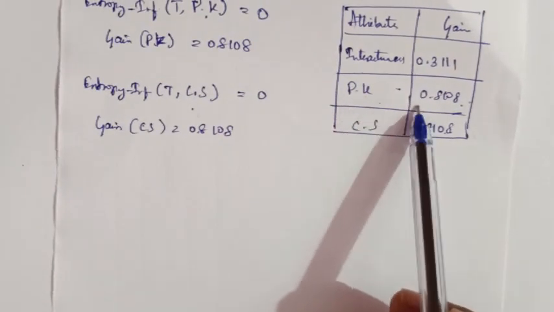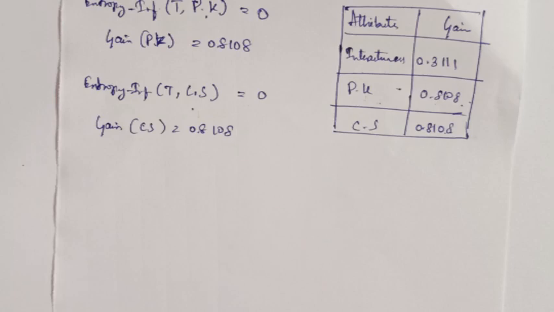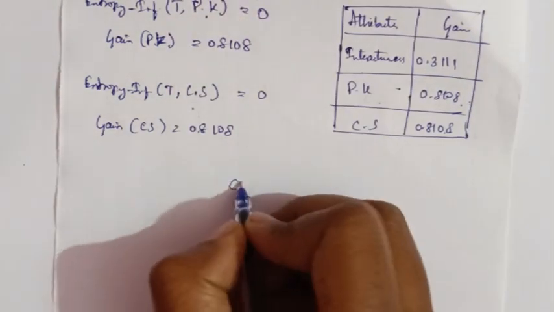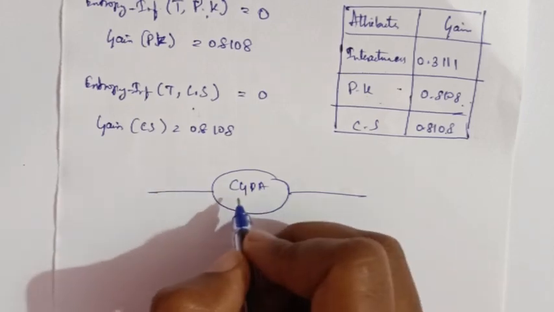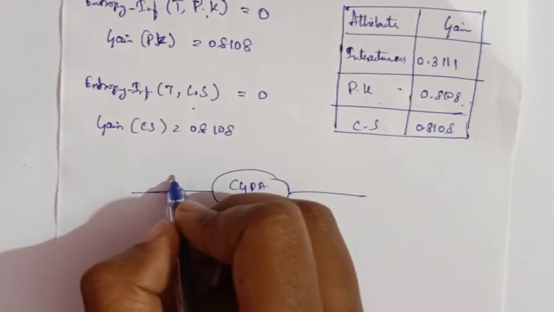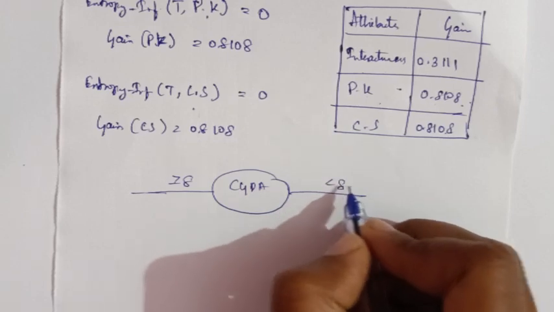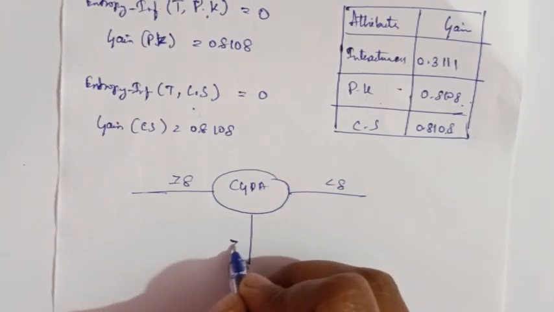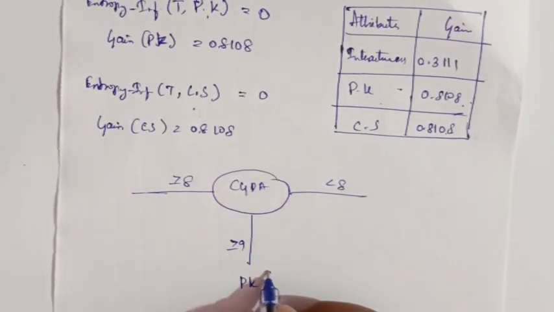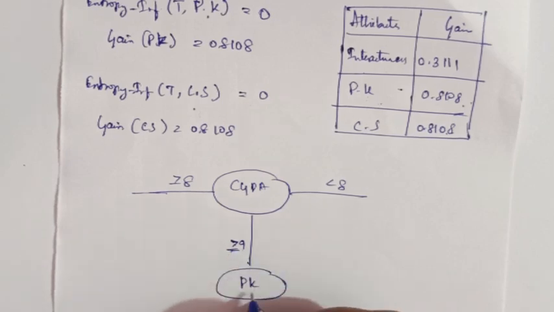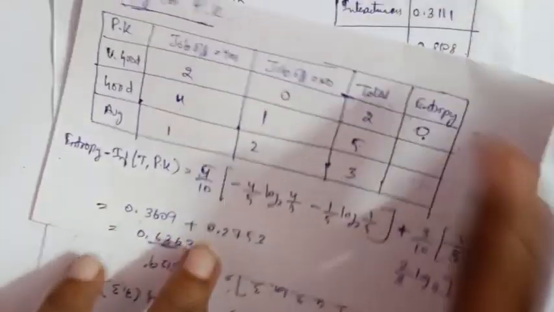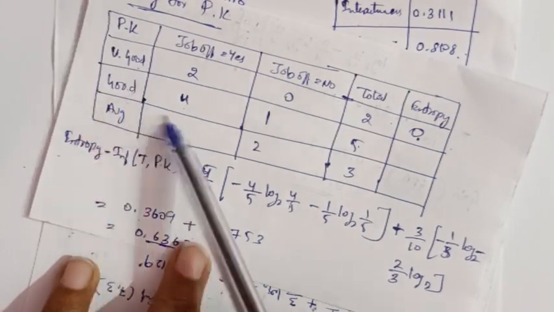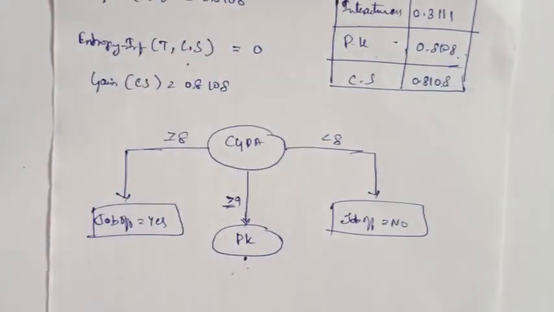Here I am taking practical knowledge as the root node. First take this CGPA. As I am taking practical knowledge as a root node again, for practical knowledge we have three types of instances here: good, very good, and average.